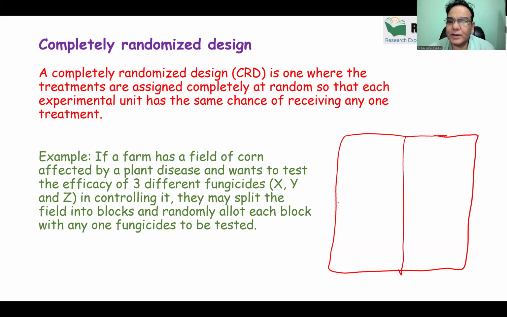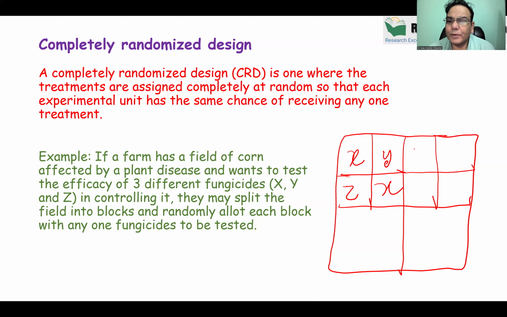We divide the agricultural land into different blocks, and within each block we assign randomly X, Y, Z, X. So within the block Y, Z, X, Y, X. So what we are doing, we are dividing the units into different blocks, and each block is divided into different groups.